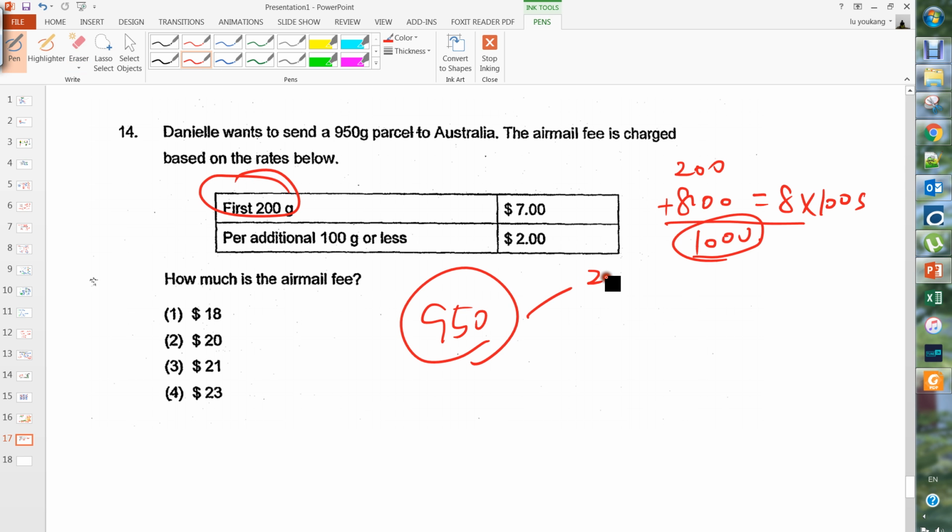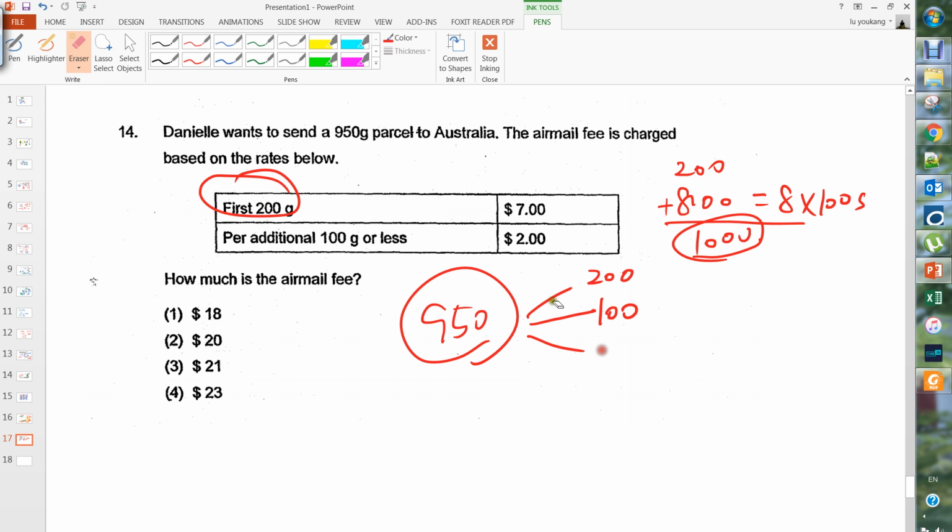So I start with my first 200, and then you need to switch to 100 already because they never say second 200. So this one will be 300 already, right? So 400. Sorry.